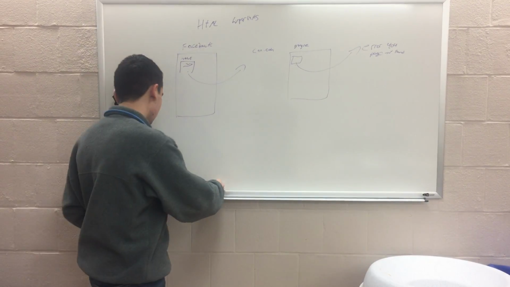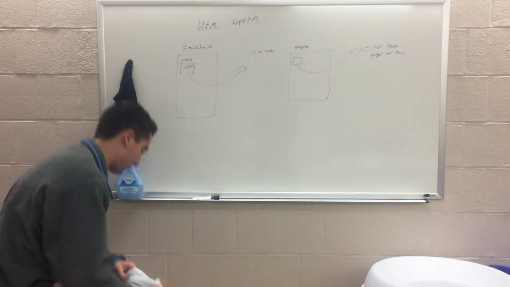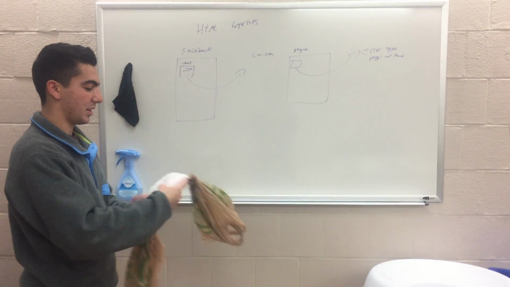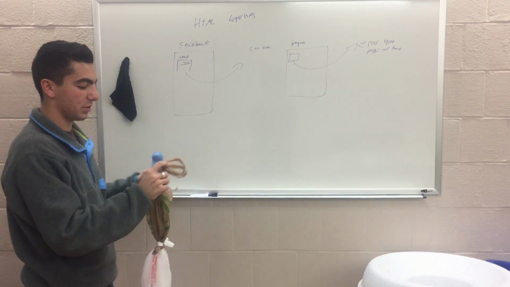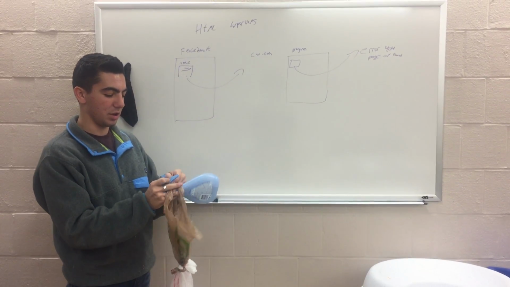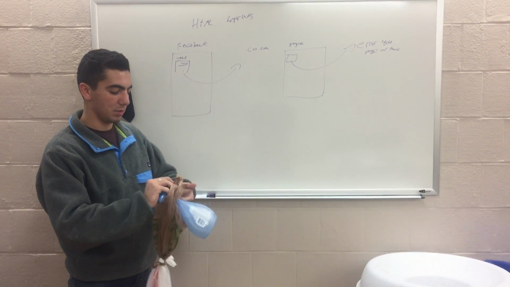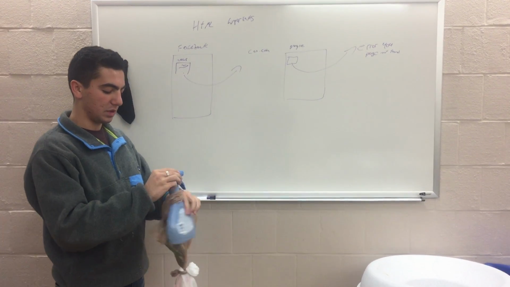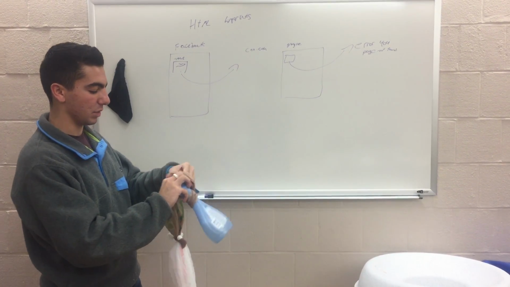To help explain this, I'm going to use a link and some Febreze, right? Over here, I'm going to make a link to my Febreze. So now I know where the Febreze is because I've linked to it.